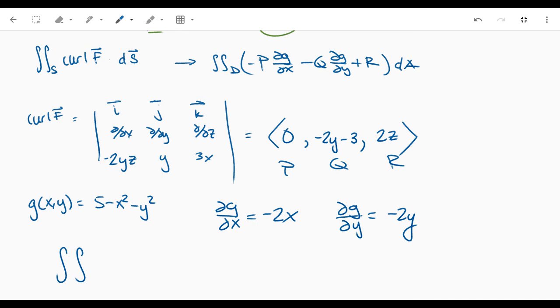And then minus q, so that'd be a positive 2y plus 3, but then dg/dy is negative 2y. So we would have negative 2y times 2y plus 3. And then plus r.